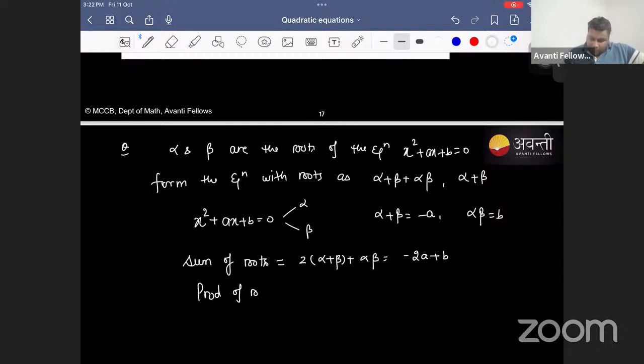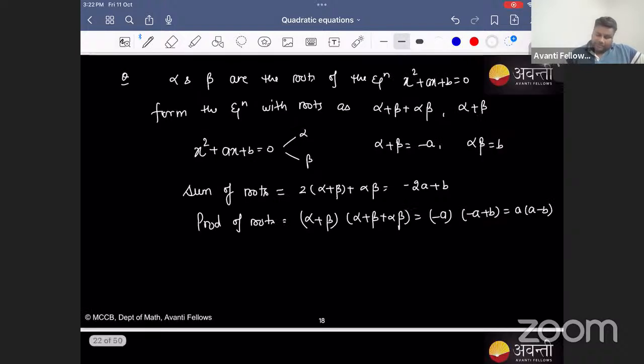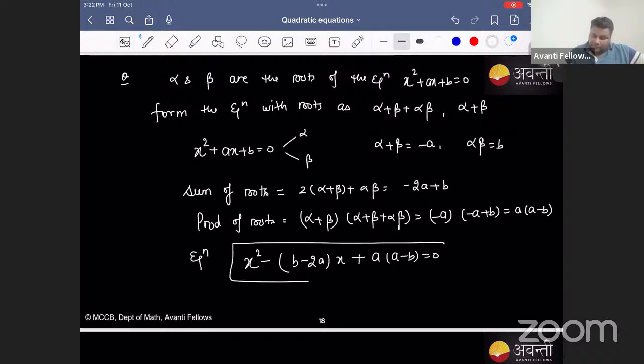Product of roots means product of the new roots. So that is alpha plus alpha beta into beta plus alpha beta. So this will be minus a into minus a plus b, that is a into a minus b. So the new equation will be x square minus sum of roots, sum of roots is b minus 2a, into x plus product of roots a into a minus b equals to 0.